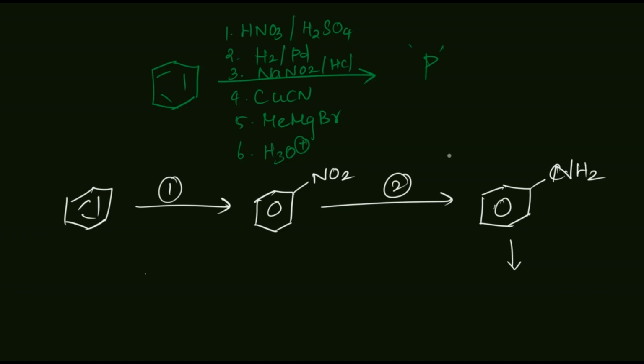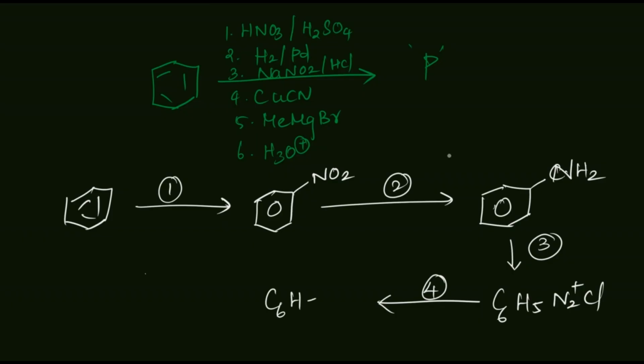The third reagent is diazotisation, so I'll end up with C6H5N2Cl. Then the fourth reagent, CuCN. The diazonium salt with CuCN will give you C6H5CN.